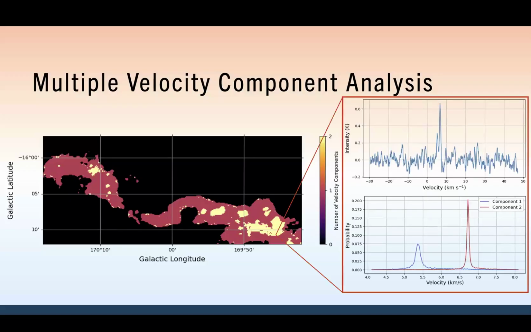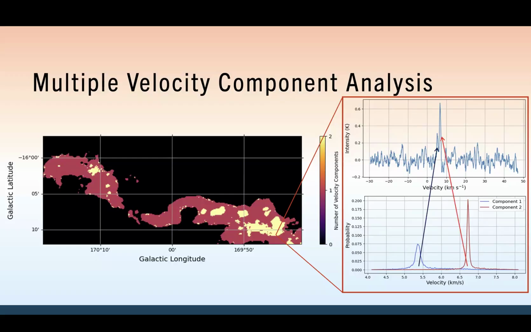Let's zoom in to just 1 pixel, and we can look at the spectrum on top, where you can see the main peak in the middle, and then 4 groups of hyperfine structure, 2 on the left, 2 on the right. On the bottom, these are showing the posterior distributions, a probability distribution function of the velocity for each of these 2 components.